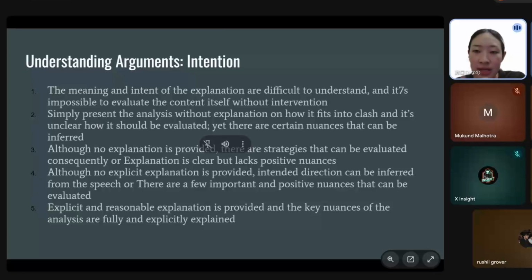The second level is that they simply present the analysis without explanation of how it fits into the clash, and it's unclear how it should be evaluated, yet there are certain nuances that can be inferred.